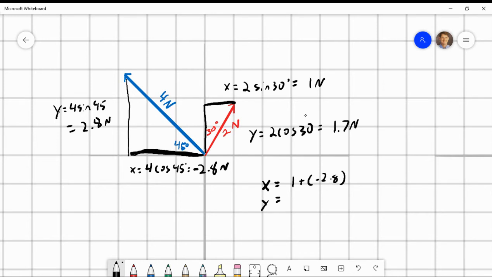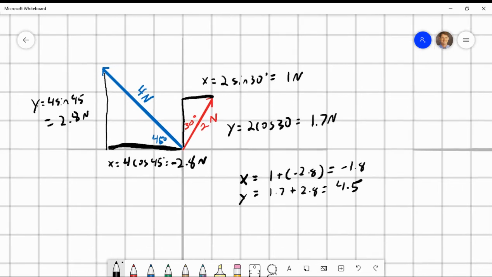And then y, the y's are both positive, so it's going to be 1.7 plus 2.8, and that's going to get me 4.5. I probably should finish the math there. That's negative 1.8 in x.